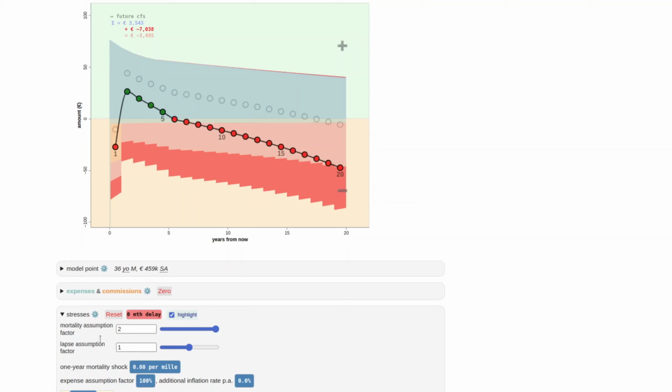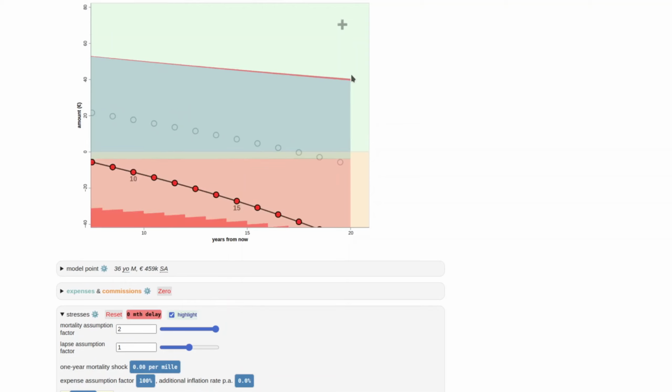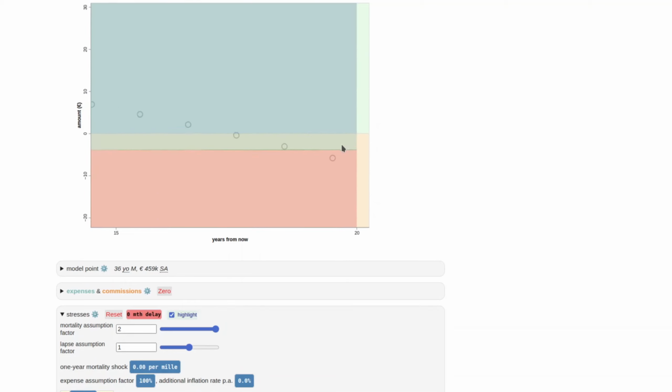And we can see, of course, higher mortality leads to higher claims, and there's also a second order impact through lower future premiums. If you go really far in, you can see a very, very small positive impact from lower future expenses.